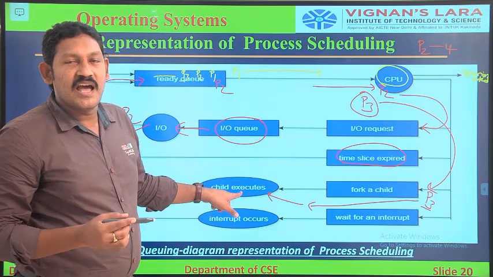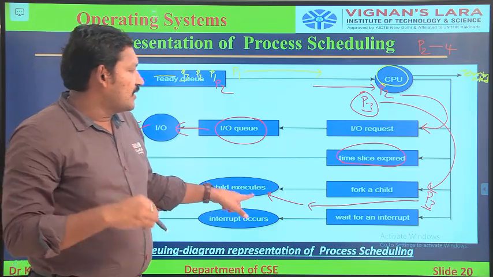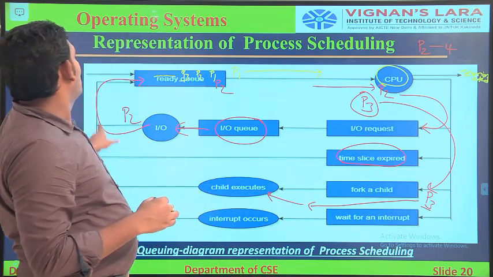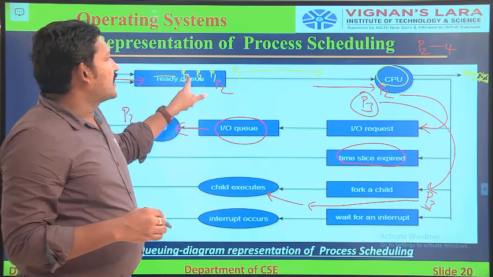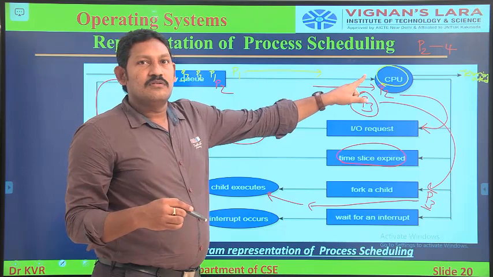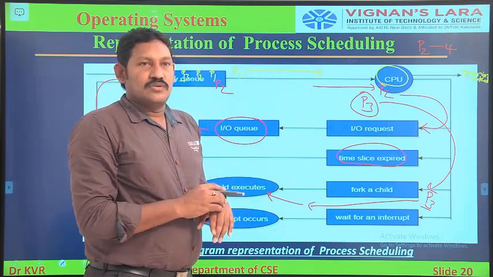Once its child has completed its execution, then process P3 can again go to the ready queue and go to the CPU to get executed.